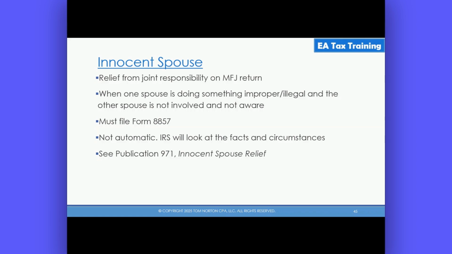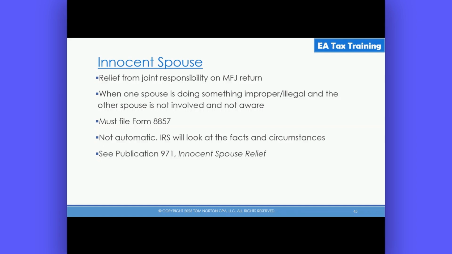Wife has absolutely nothing to do with the business, knows nothing about what is going on with the business. At the end of the year, husband comes home, fills out the tax return. It shows $40,000 of income from this business. Husband and wife both sign and file the tax return.